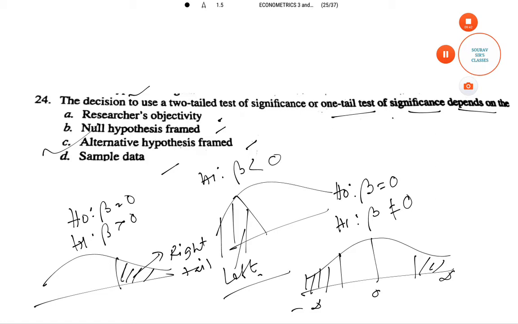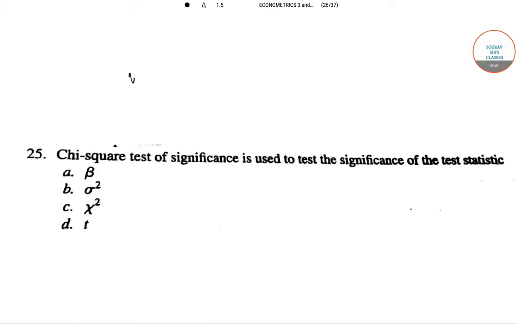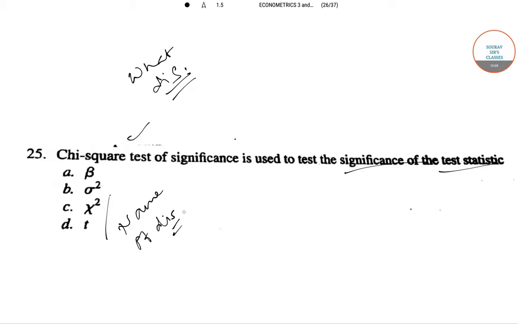I have already mentioned in some of my previous videos when we use which test or which distribution. Now, this question specifically deals with that aspect. The chi-square test of significance is used to test the significance of the test statistic: beta, sigma square, chi-square, or t. Chi-square and t are specifically names of distributions, so we can eliminate these two options. Now it remains between beta and sigma square.